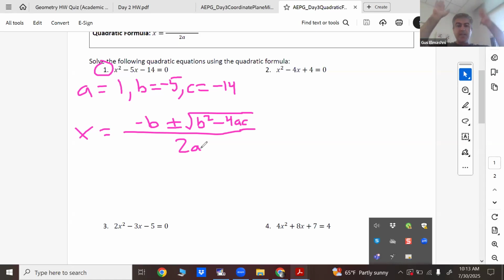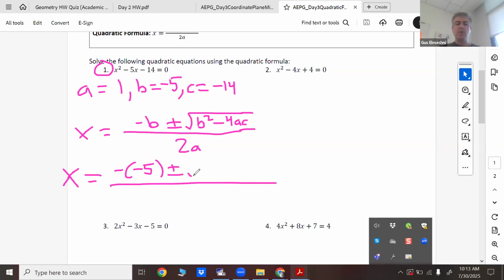Here it is. Let's plug in. So plug in carefully. You're replacing b with -5, but it's still another negative on the outside. So make sure you handle that. Very important. Plus or minus the square root. Now, if you square -5, that should be 25.